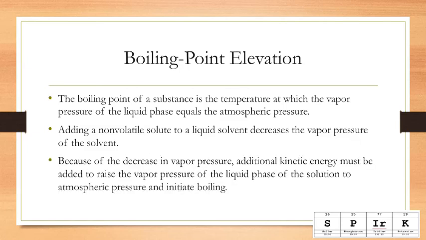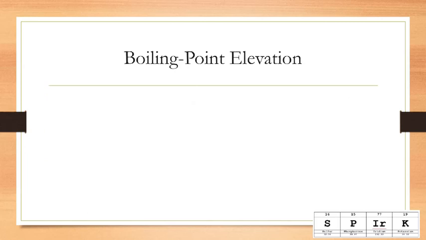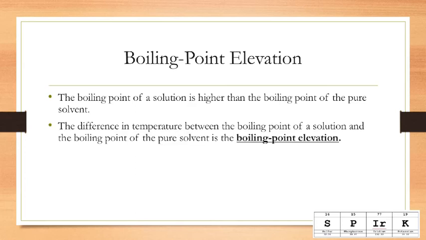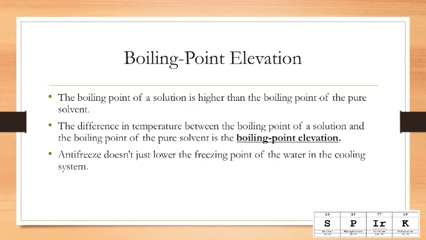Because of the decrease in the vapor pressure, additional kinetic energy must be added to raise the vapor pressure of the liquid phase of the solution to the atmospheric pressure that will initiate the boiling. The boiling point of a solution is higher than the boiling point of the pure solvent. The difference in temperature between the boiling point of a solution and the boiling point of the pure solvent is the boiling point elevation.